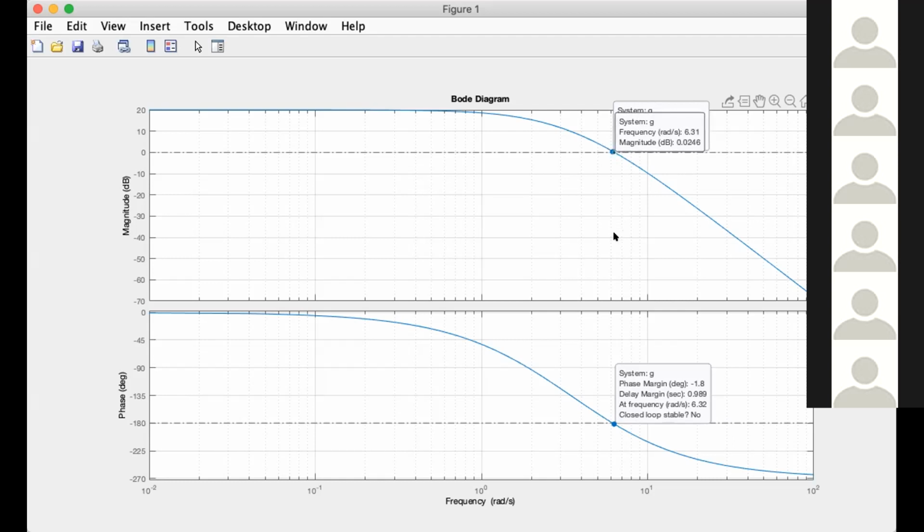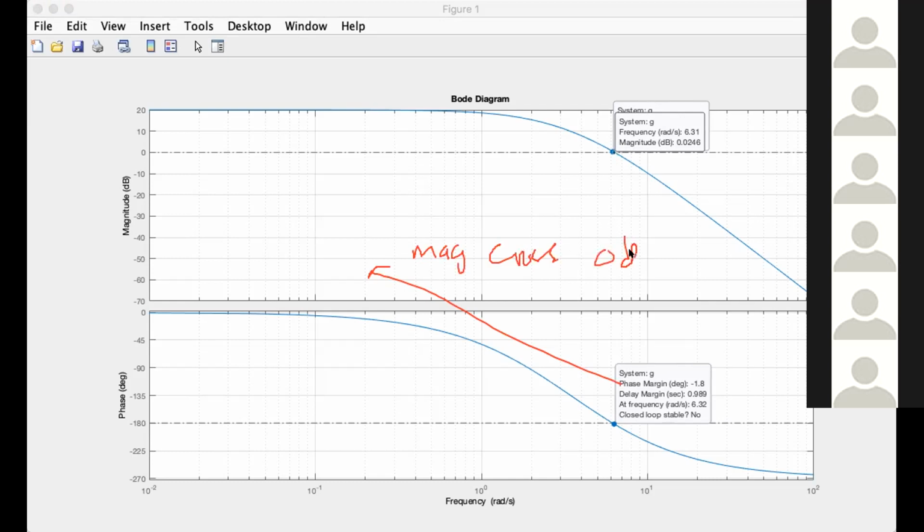The phase margin is read when the magnitude crosses 0 decibel.